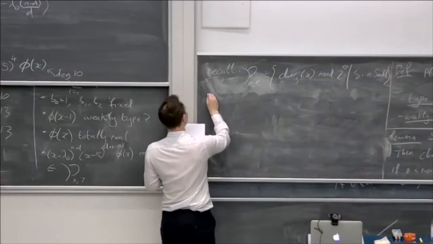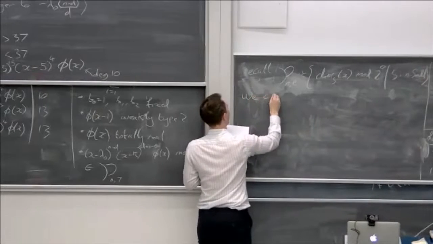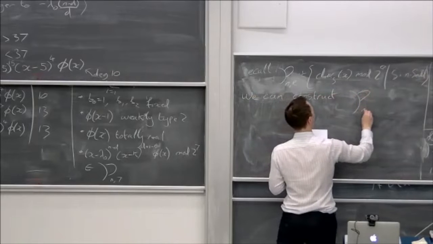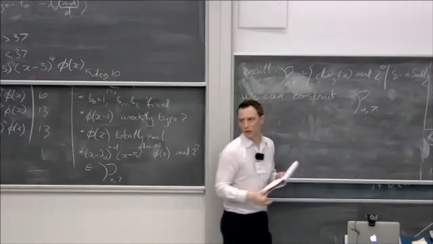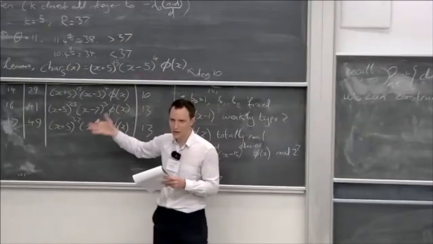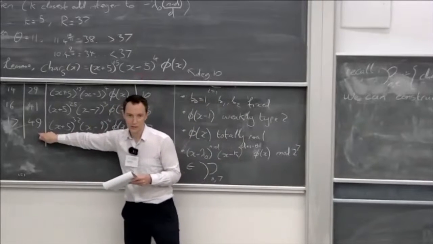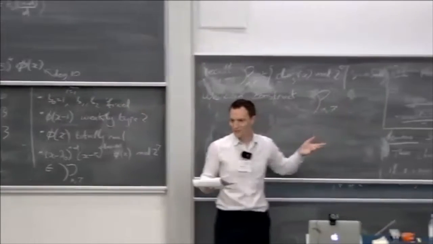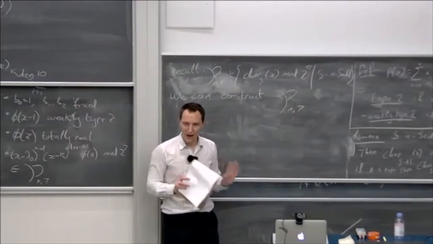And so the point is, we can explicitly construct N7 for these values of n: 29, 41, 49. And if you make 7 bigger, or if you use 8 or 9, we can't necessarily do that.